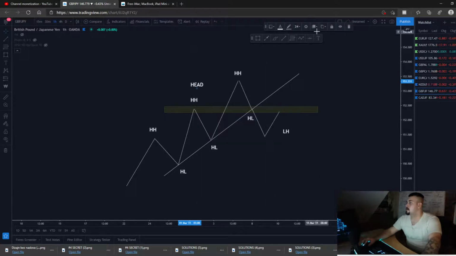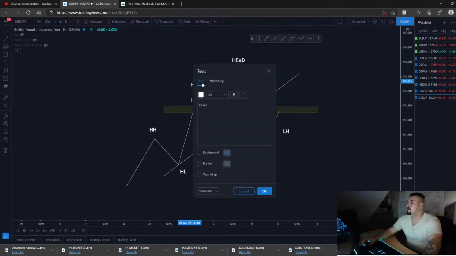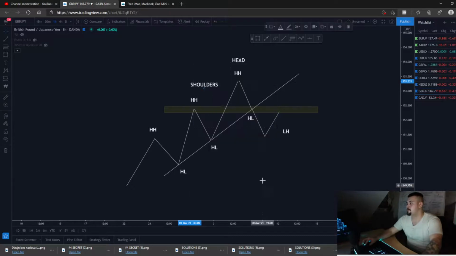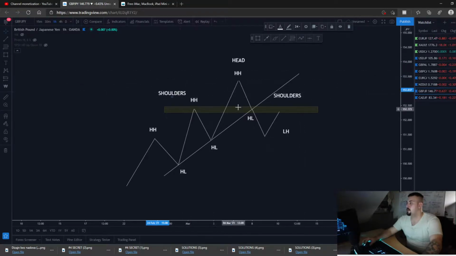And shoulders. And as you can see, the head and shoulders pattern was built on this one.